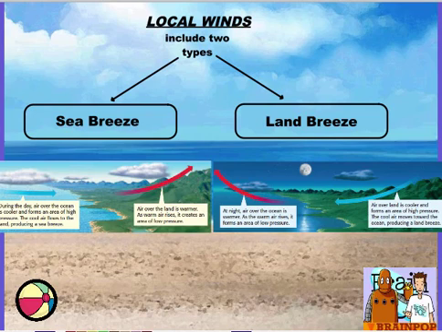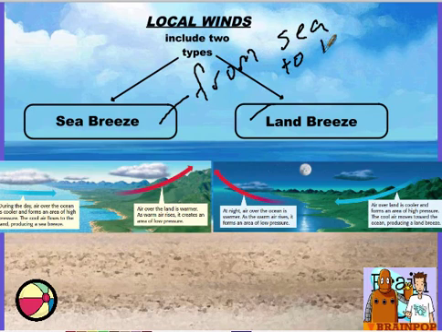So in this case, we're looking at the sea breeze. So sea breeze and land breeze, the name is based on where it's blowing from. So a sea breeze is blowing from the sea to the land. And the land breeze, just the opposite.